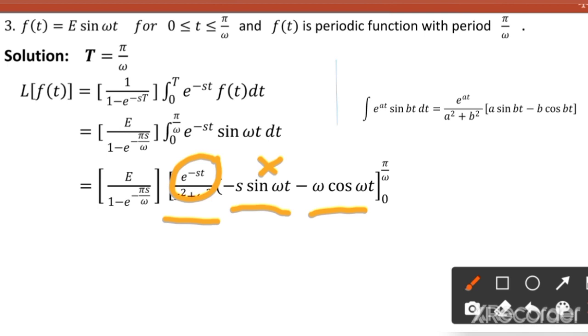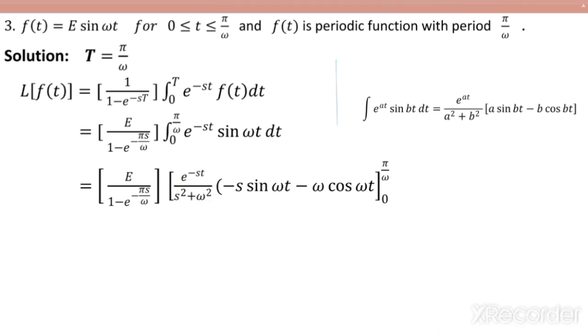So I can take only the cos omega t term. What is the answer? If I apply the upper limit pi by omega, cos pi is minus 1, and outside we have e power minus pi s by omega. Similarly, when we apply the lower limit, cos 0 is 1, and outside exponential 0 is also 1.